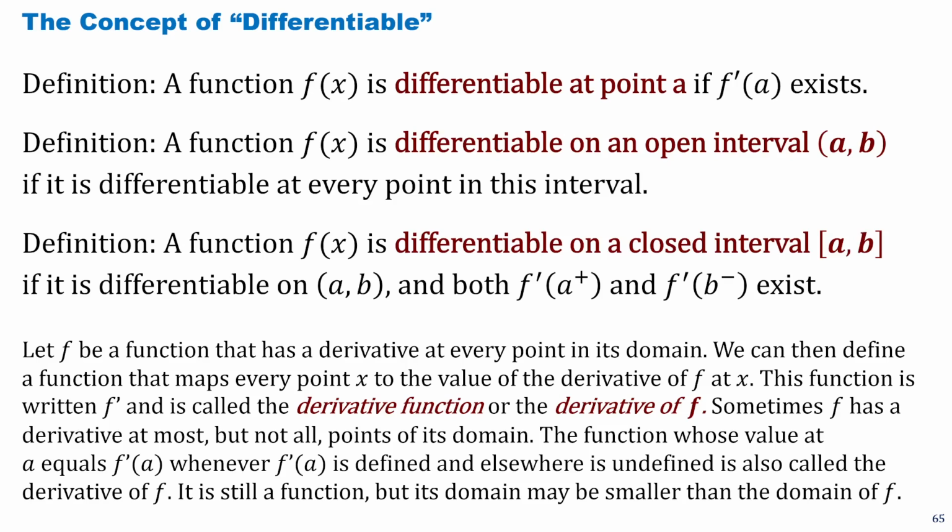The function whose value at a equals f'(a), whenever f'(a) is defined, and elsewhere is undefined, is also called the derivative of f. It's still a function, but its domain may be smaller than the domain of f.